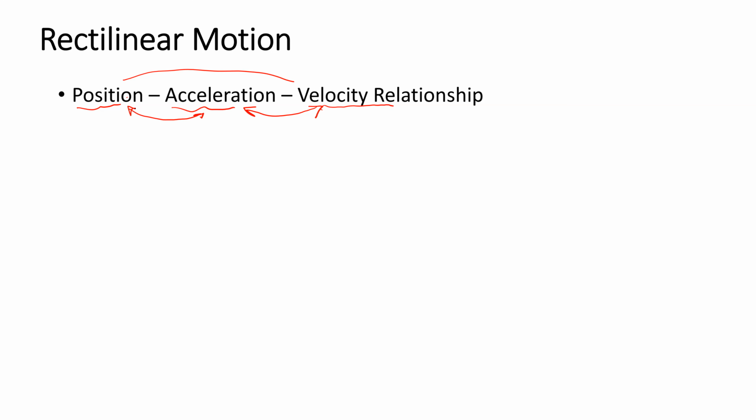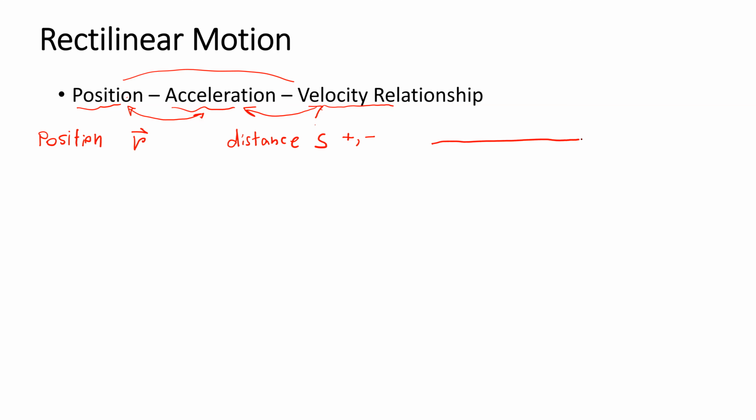But for the position in one dimension, in general, the position is represented by the position vector r. But for one dimension, sometimes we can represent the position by the distance, and the direction is just represented by the sign plus or minus.